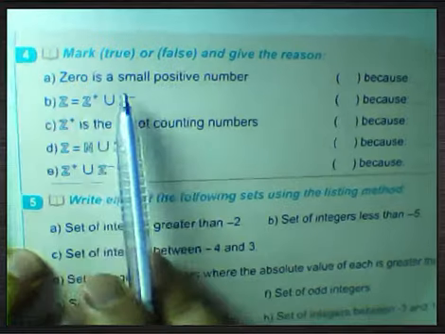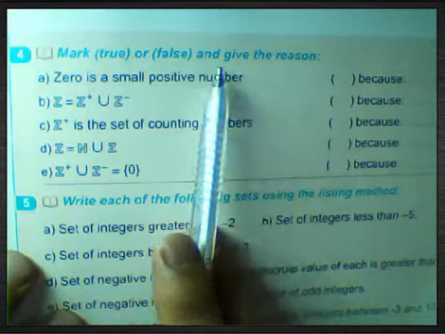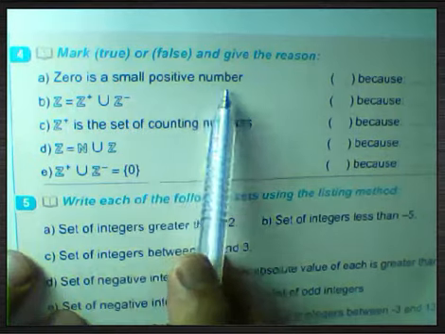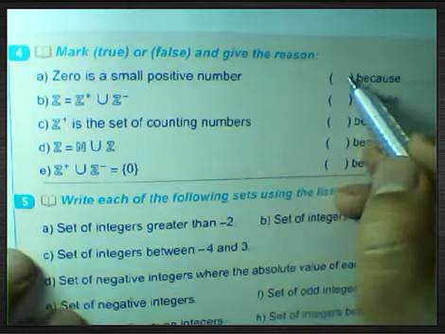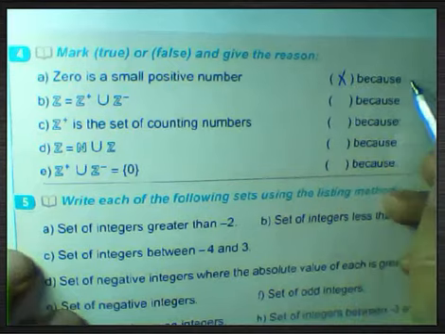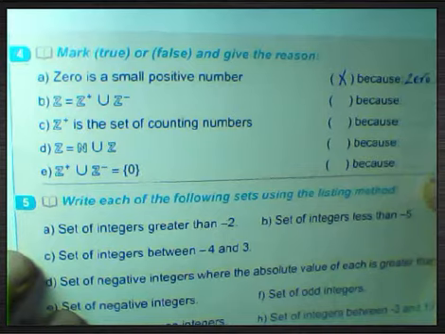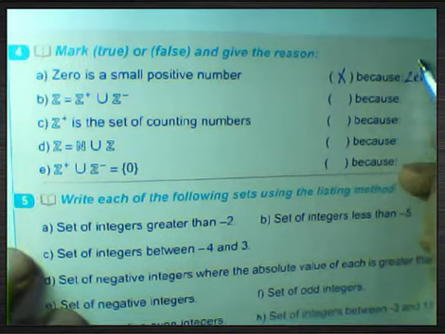Question number 4. Mark true or false and give the reason. Letter A. 0 is a small positive number. It's false, because 0 is non-negative.